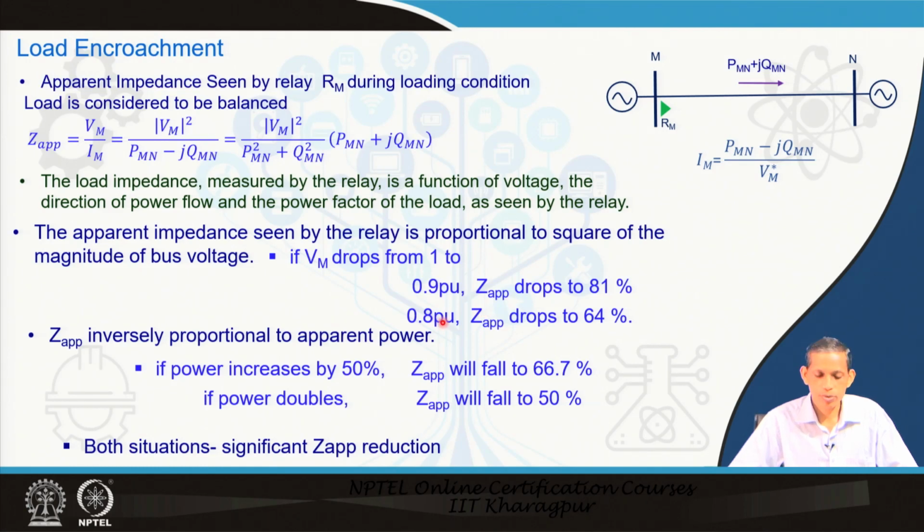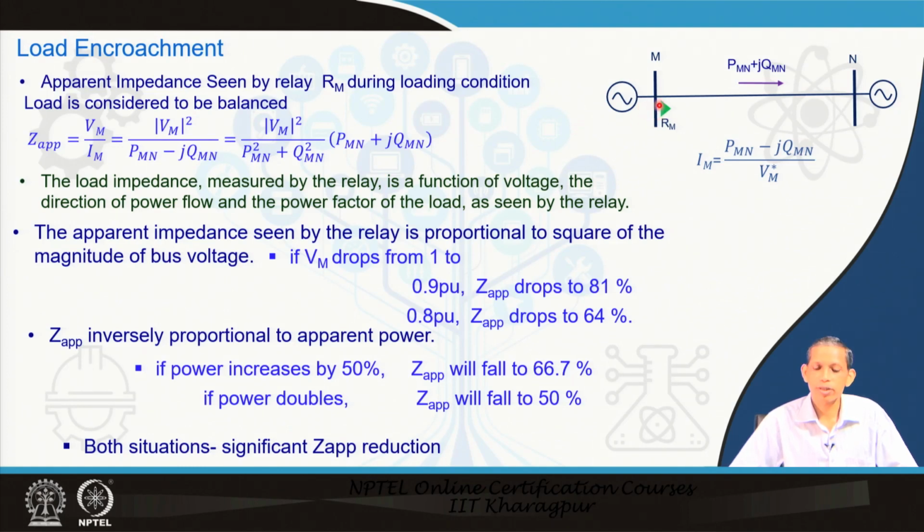If the voltage dips to 0.8 pu, the Z apparent as compared to 1 per unit voltage will go to 64% of that value. So, these kinds of situations may happen here: this bus may be connected to other lines, a fault may occur in other lines, and the corresponding voltage will drop here.